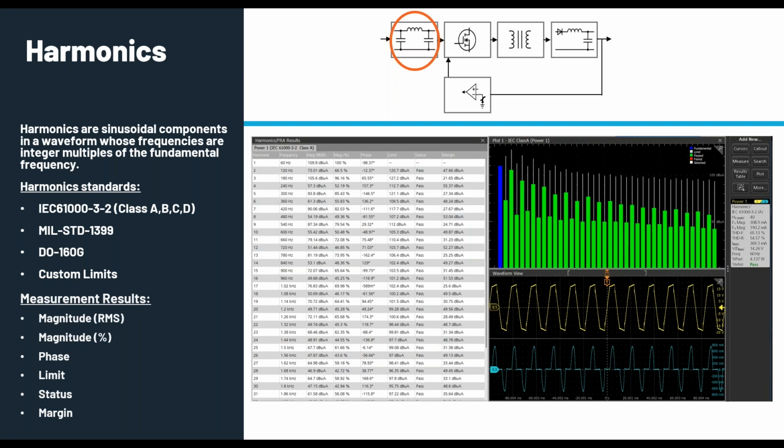It's a frequency-based measurement, so we get to see the frequency domain. You need to do the FFT on the scope on both current and voltage waveforms, and look at the frequency components up to the specific order.